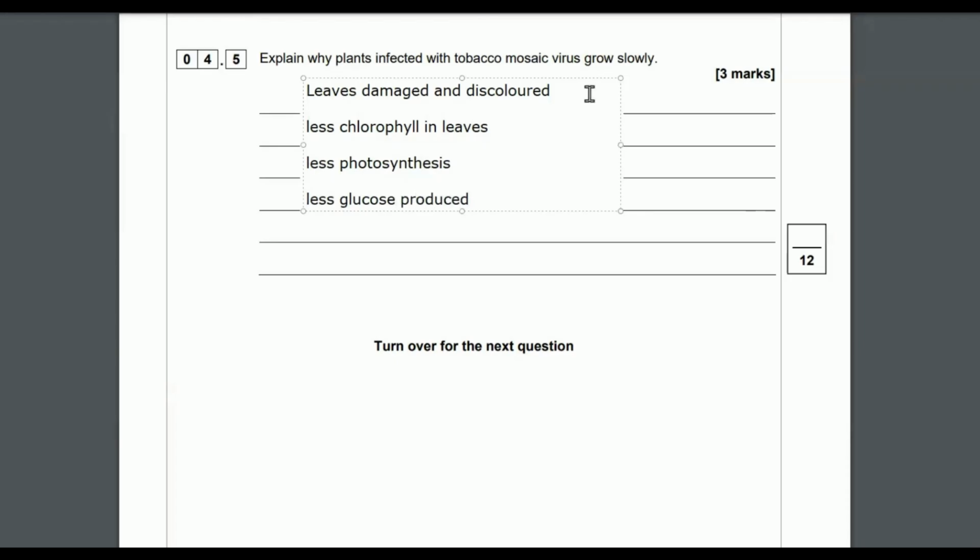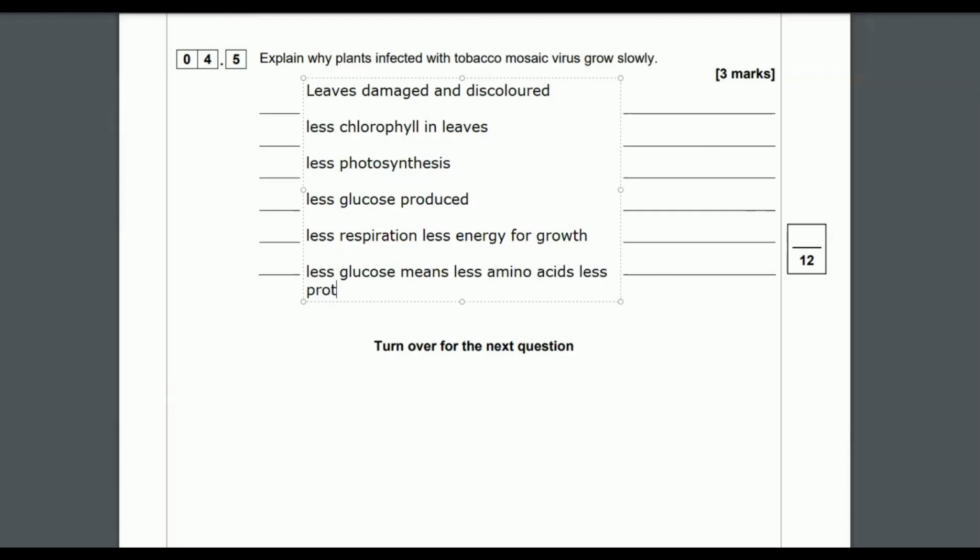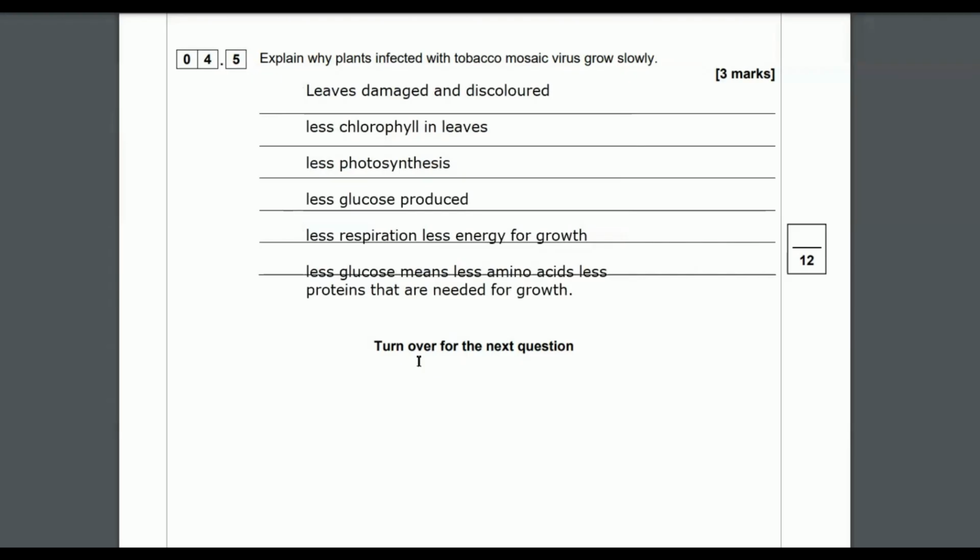And if we have less glucose, that means less respiration, less energy for growth. We could also go down the line of less glucose means less amino acids, less proteins that are needed. Proteins are for growth and repair. So that's why plants that have the tobacco mosaic virus will grow slowly because they don't have a lot of energy and they can't make protein, which we need for growth. There's about 50 marks here. Okay, awesome.